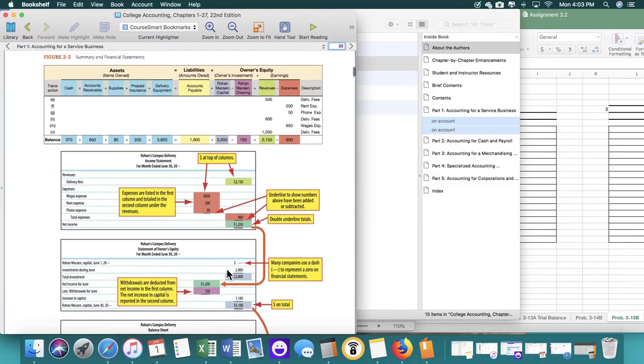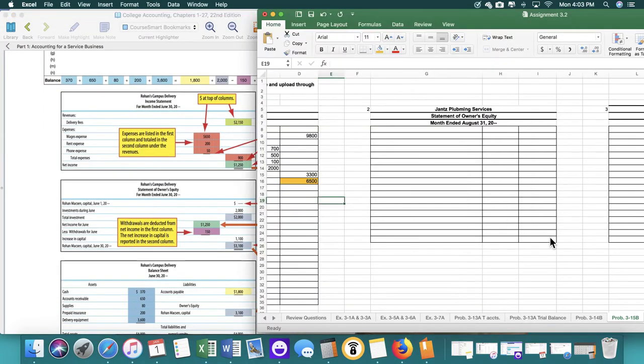So let's go back to our textbook. For the statement of owner's equity, we have the owner's name. We have capital August 1st, 2000. We have investments during August. Total investment.